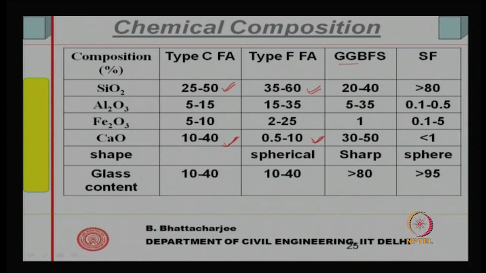Ground granulated blast furnace slag, you have silica 20 to 40. So, this has reduced, but lime has increased, because as I said, the blast furnace slag is obtained by adding lime to the iron ore for removal of clay. So, when you want to remove the clay, you add lime.